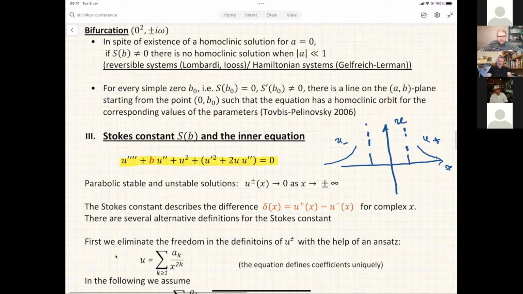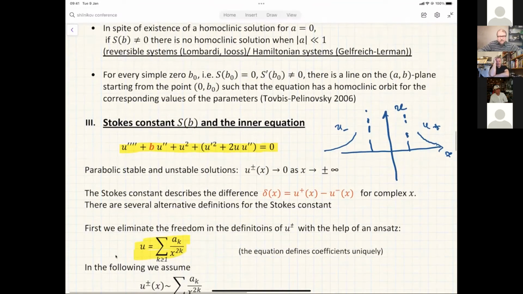We can look for a solution of the differential equation in the form of a power series, and we can substitute this series into the equation and compute the coefficients without caring about convergence of the series, and these coefficients are defined uniquely.